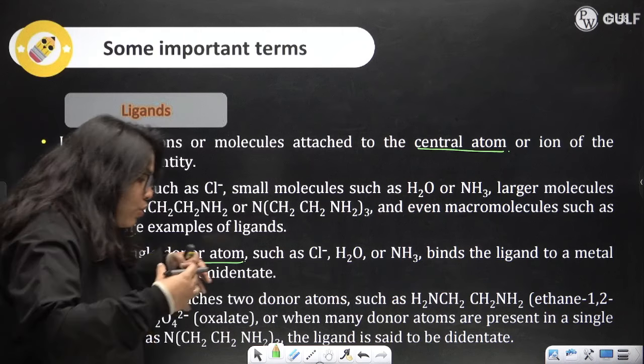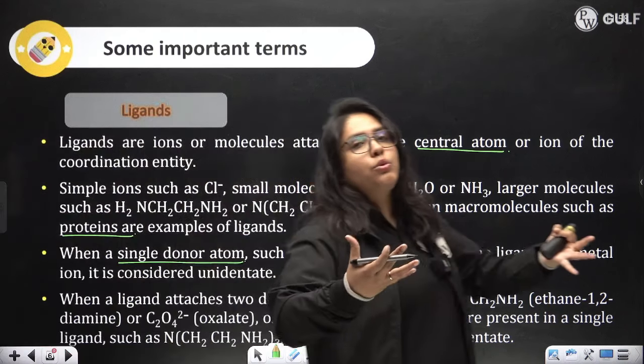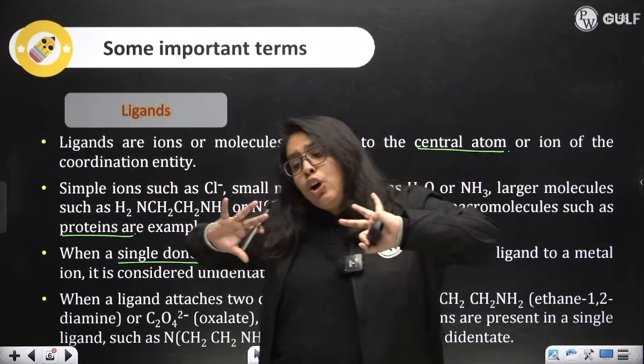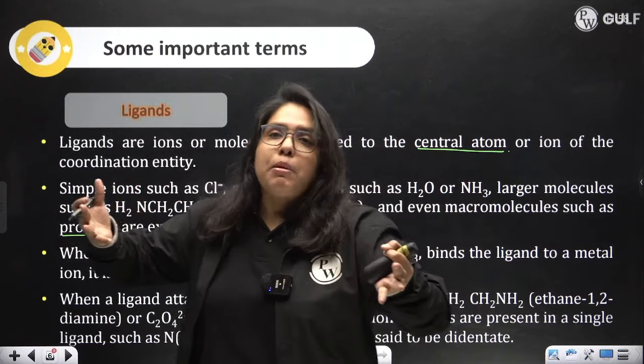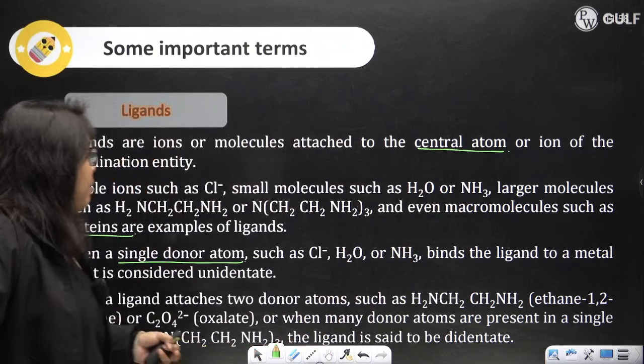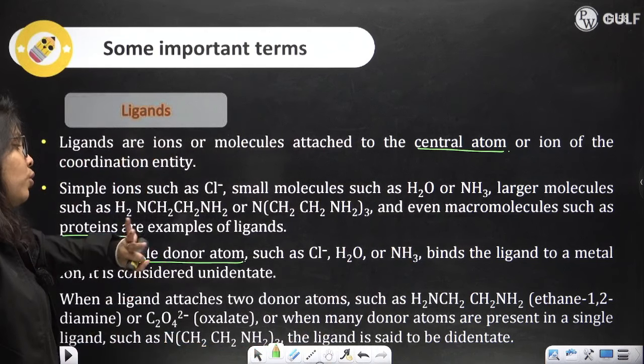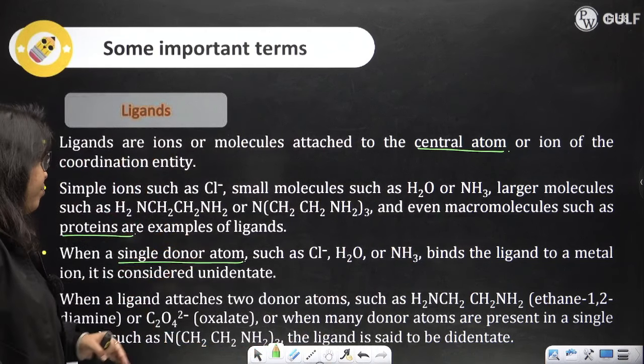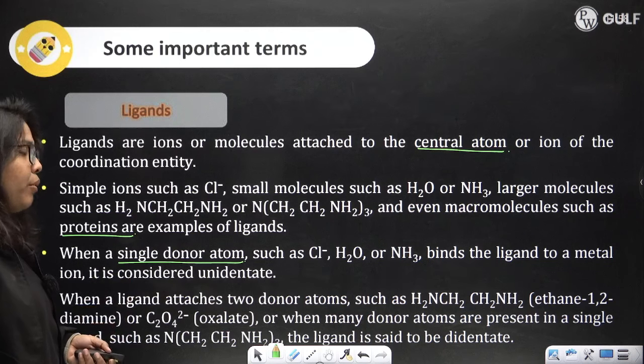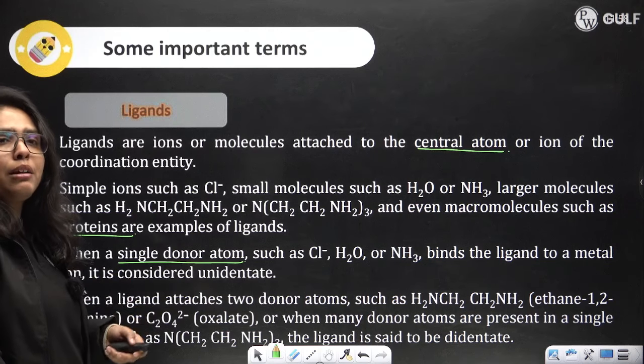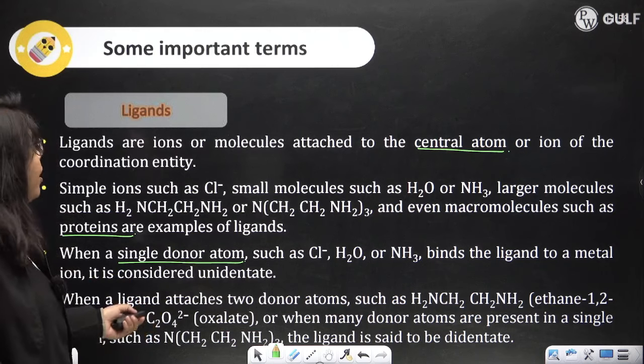When a ligand is donating one pair of electrons, it is unidentate. When it is donating two pairs of electrons, it becomes bidentate, right? Or when it donates through many more atoms, it becomes polydentate, right?